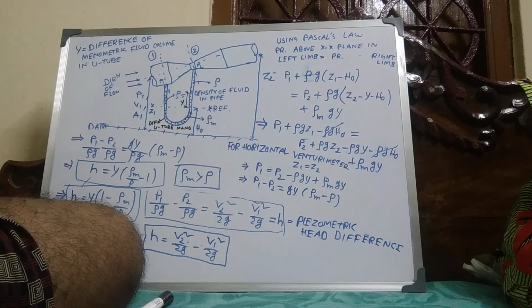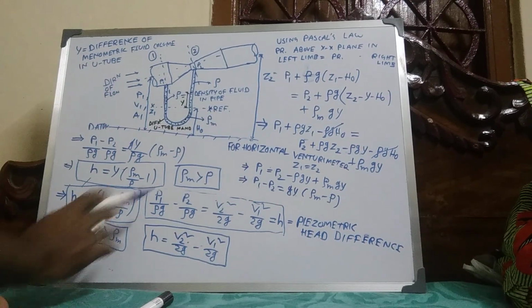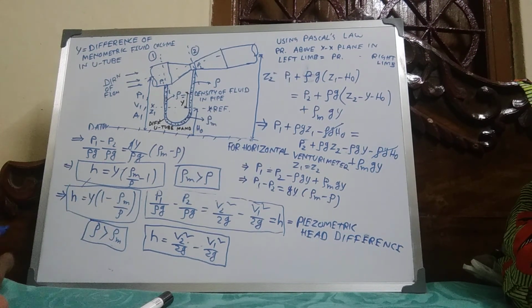In case of rho greater than rho m, y into (1 minus rho m by rho) applies. In case of rho greater than rho m, this equation will apply. Understand?